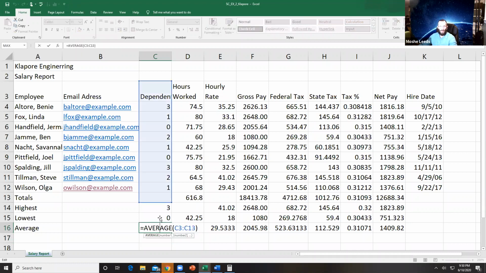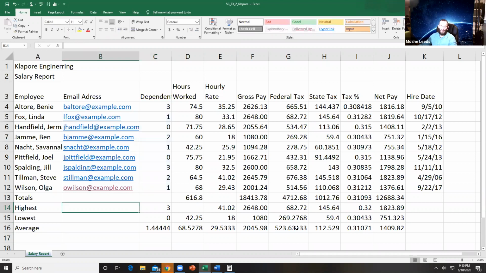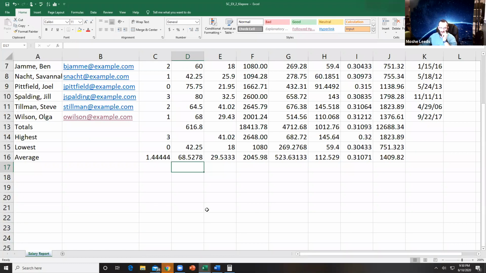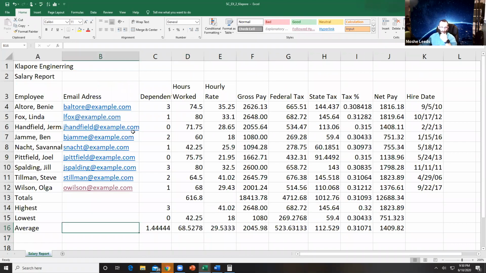Oh, okay. It's only picking up the numbers that I'm selecting. I guess maybe that's what it means by average. But if you do get this funny name, like a hashtag name and question mark, that means there's an error. Let's see if I do Autosum here, maybe. Oh, 0. Anyway, right now I'm not doing so well in getting errors, but if you get that it's an error, just double check your formula.